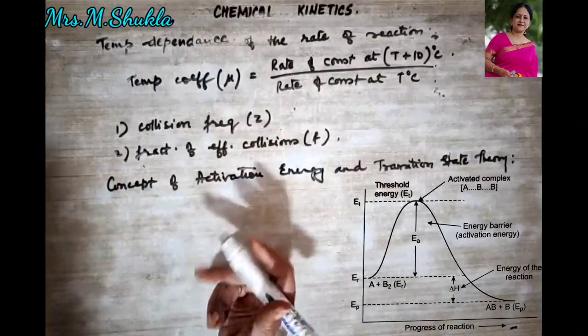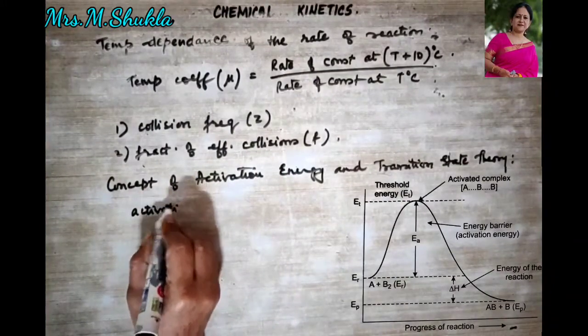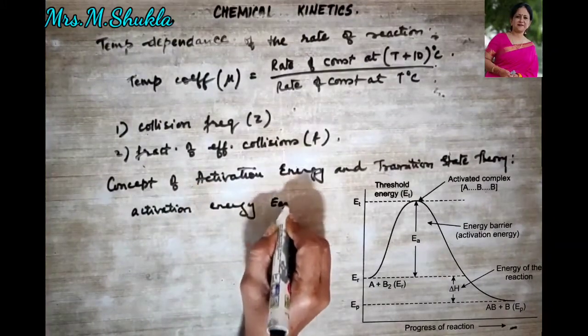And what is that called? It is called activation energy, which is referred to as EA.